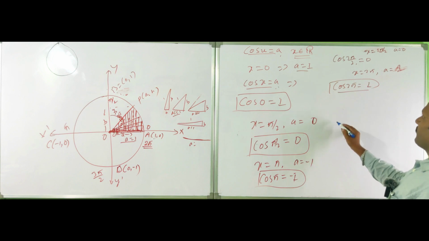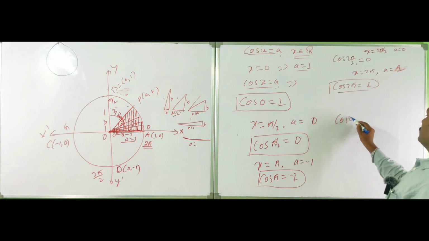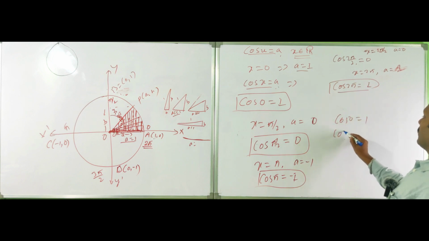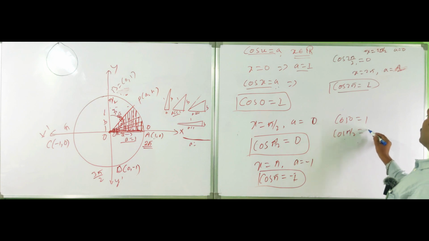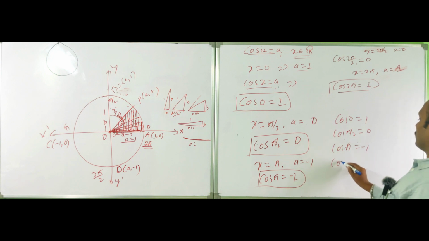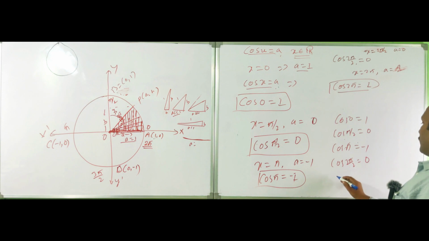So let's see. Cos 0 is equal to 1, cos pi by 2 is equal to 0, cos pi is equal to minus 1, cos 3 pi by 2 is equal to 0, and cos 2 pi is equal to 1.